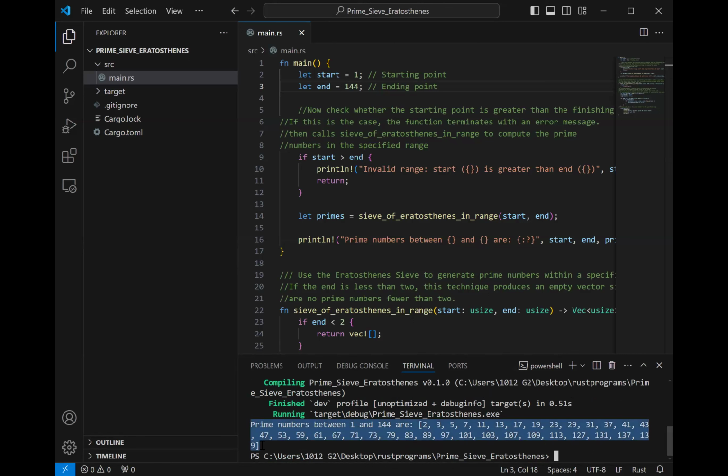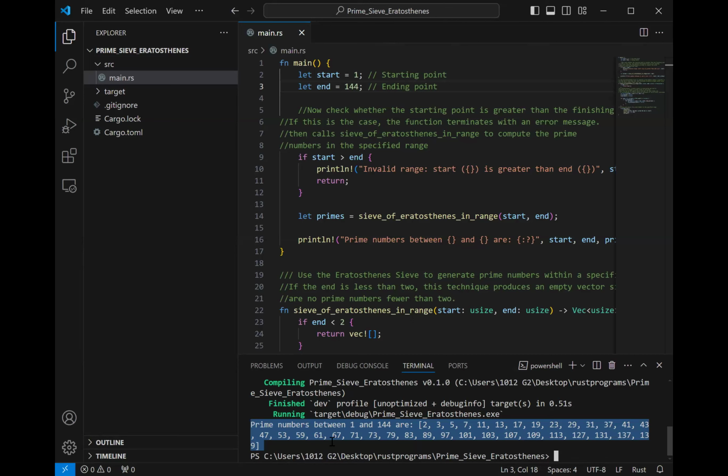These are the numbers: the first number is 2, 3, 5, 7, 11, all the way up to 139. Those are the prime numbers within that range. And as we said, it begins with 2. Then it goes through all the numbers within that range, marking all the multiples of 2 as false.